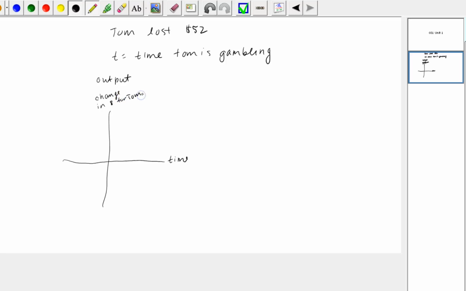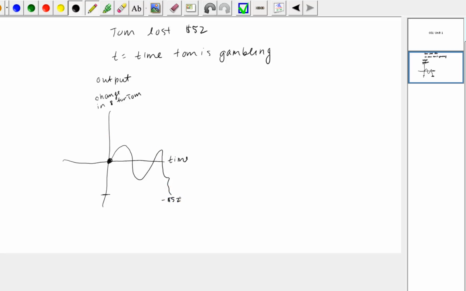We could probably define that better, the change in Tom's money in dollars. Okay, so if we're thinking about the change, when he starts gambling, his change is 0, maybe he wins some money, he loses some money, and then maybe in the end he's at negative $52.